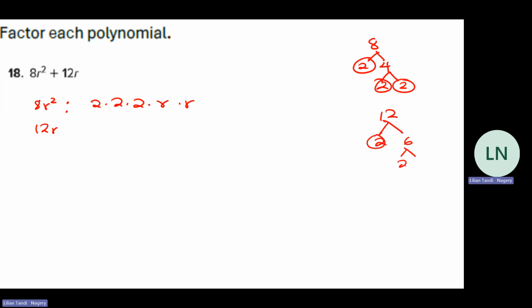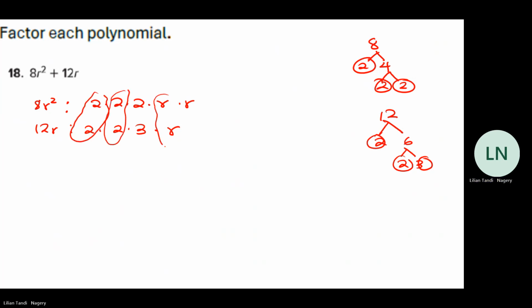Break down 6, 2 times 3. So 2 times 2 times 3 times R. Find your common factors. So greatest common factor is 2 times 2 times R, which is 4R.